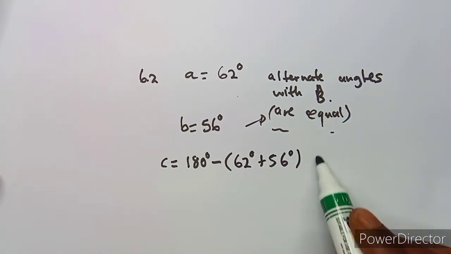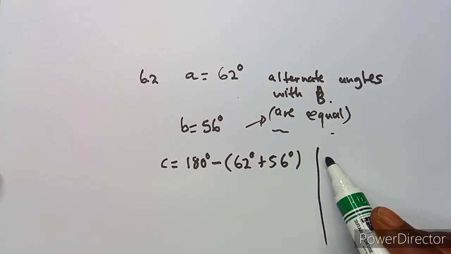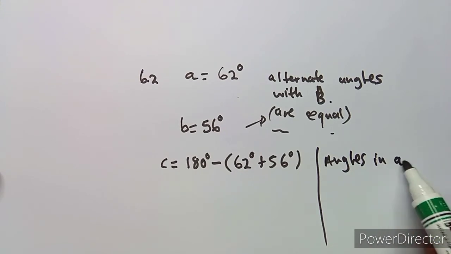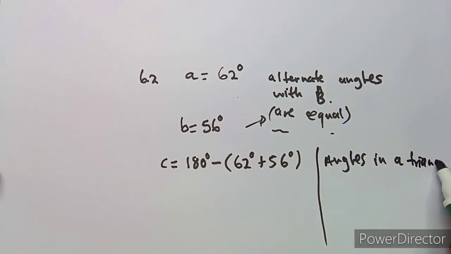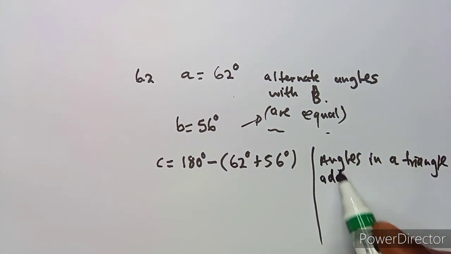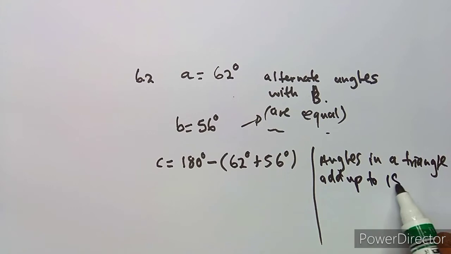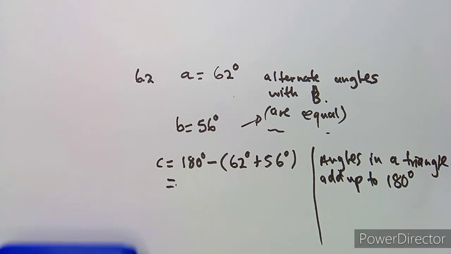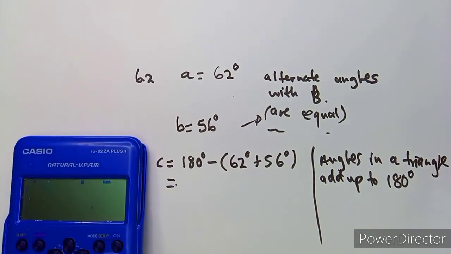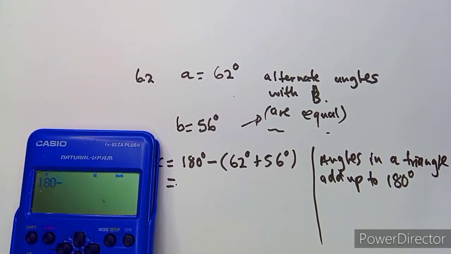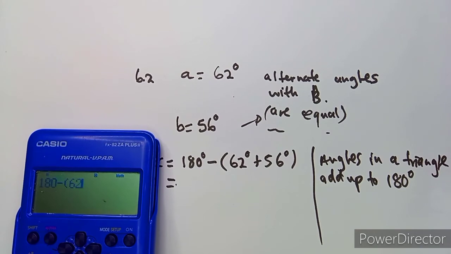The reason here is angles in a triangle add up to 180 degrees. You can use your calculator to determine this value. That's 180 minus, you open a bracket there, 62 plus 56.